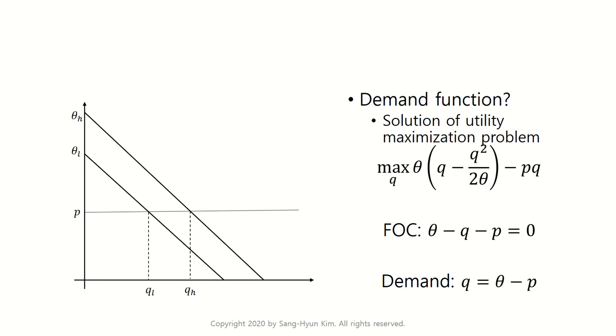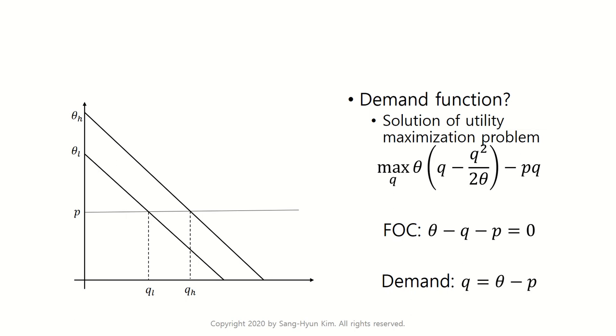So you differentiate this objective function with respect to Q, then the first order condition is simply given by theta minus Q minus P equals 0, right? It's a quadratic function, and the sign of the second order term is negative, so the second order condition must be satisfied. So the first order approach can be used.